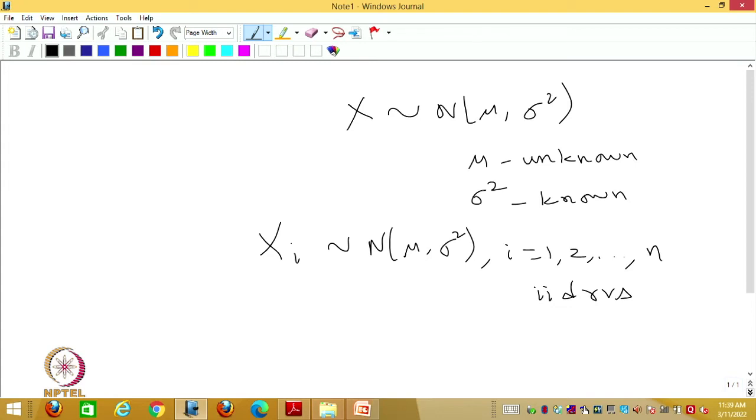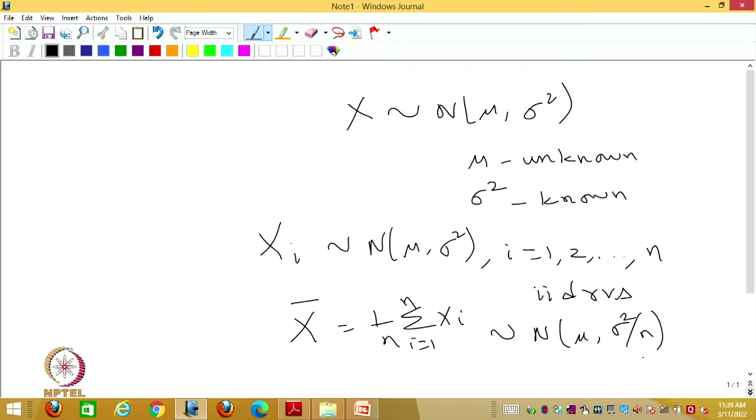Since we are working on the estimator for the population mean mu, which is unknown, you know that x bar, which is 1 by n summation of xi, i equal to 1 to n, is the sample mean, and it follows a normal distribution with mean mu and variance sigma square by n.